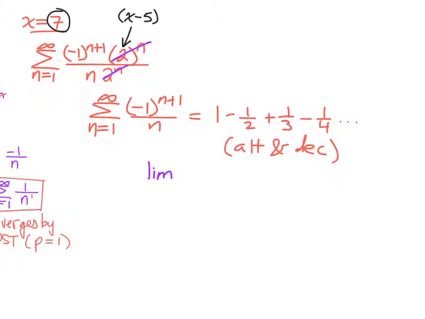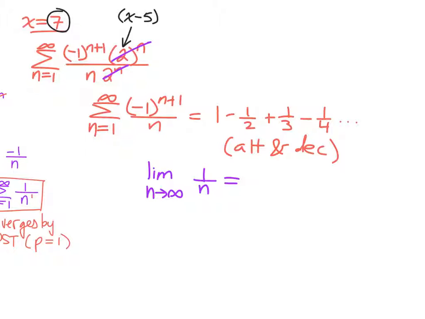So I would find the limit as n approaches infinity of 1 over n, which honestly is probably the most confusing part of the entire unit. In the P-series test, we're looking at the sum of 1 over n. And for the alternating series test, we're finding the limit of 1 over n.